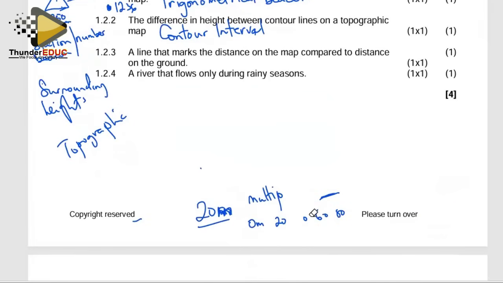Remember what we are talking about here. When you are looking at a comparison of map distance in proportion to the actual ground distance, what geographical aspect are we trying to refer to here when we are relating the map distance to the line distance?